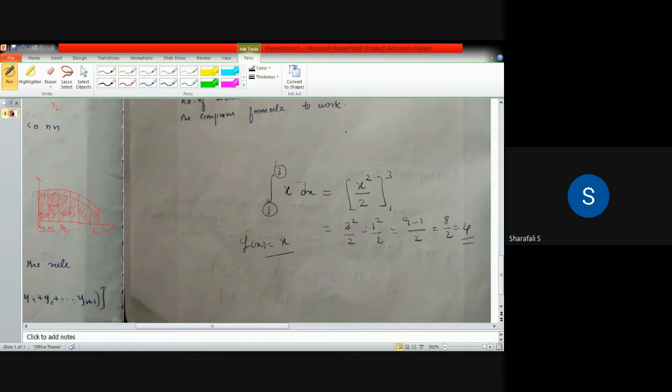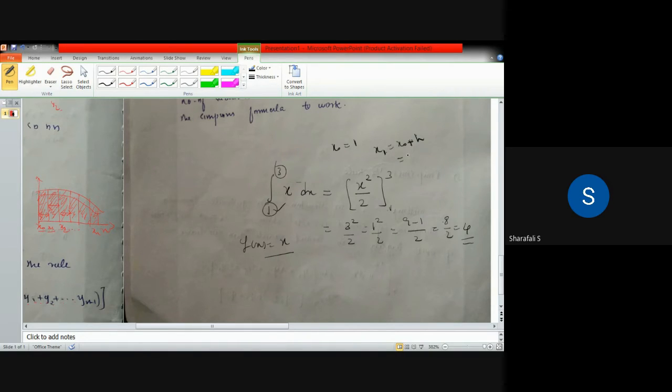Here, just consider this x0. x0 will be your first value, that is the lower limit, that is 1. x0 will be 1. And as you know, x1 will be equal to x0 plus nh. So the next value we have to consider is x1, and this is h. It depends on the h value, you will be getting different values.